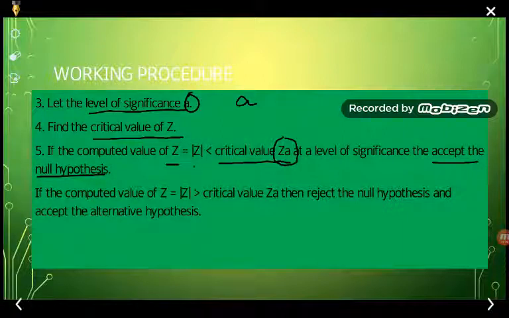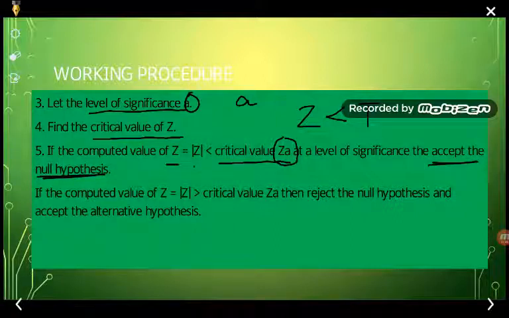Always consider that when the Z value is lower than the tabulated value or the significance value given in the table, then we accept the null hypothesis.